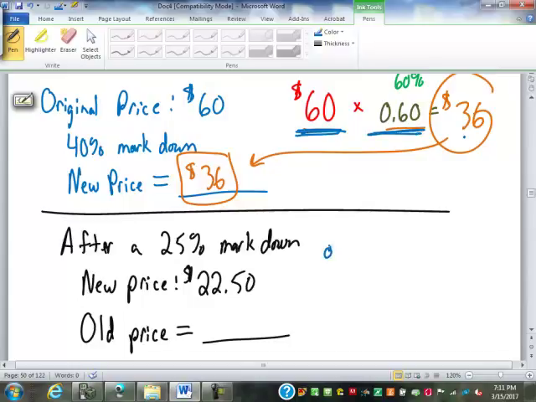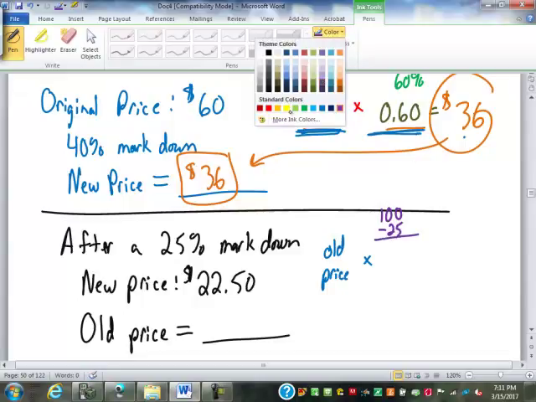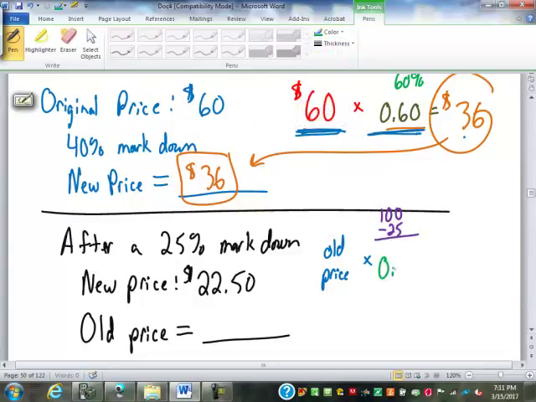So this is going to be our old price times what? 100 minus 25% is going to give us 0.75, 75%. And that's going to equal the $22.50.